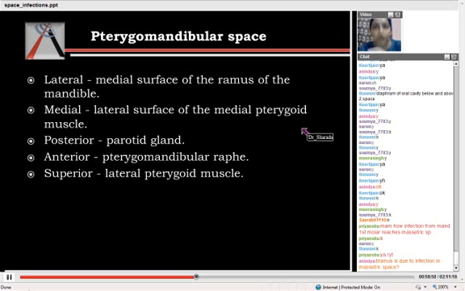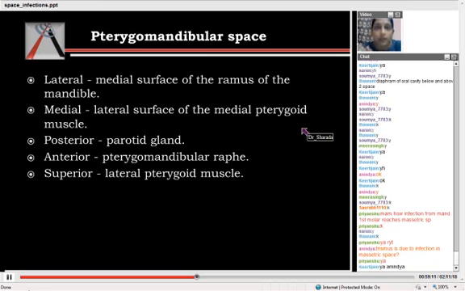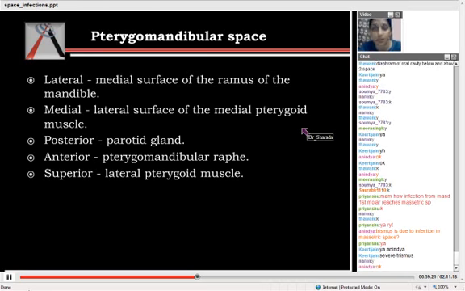Just because you have a canine space infection, it doesn't mean that it cannot spread to your buccal space, it cannot spread to your submandibular space. It can spread to anywhere it wants, because all the spaces are interconnected. Once a particular space gets over, the next thing is another space. Right? You're going to have your buccal space. Next to it is your submasseteric space. Next to it is your parotid fascia. Right? So it goes on.